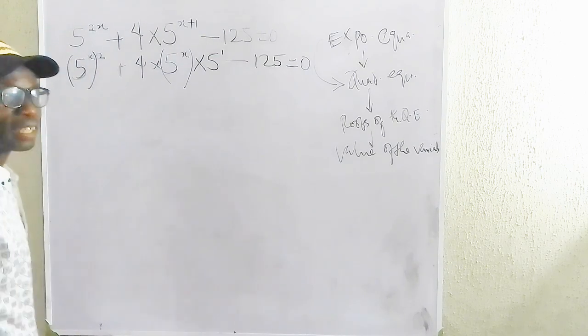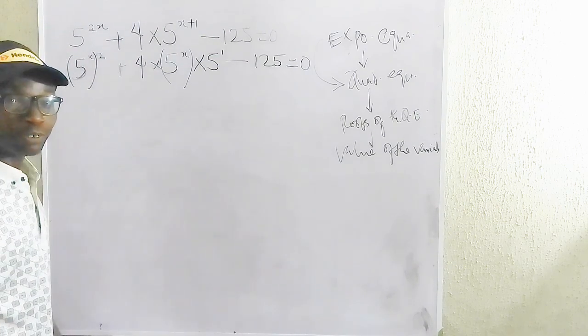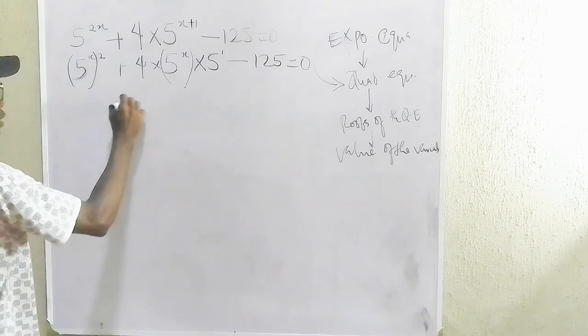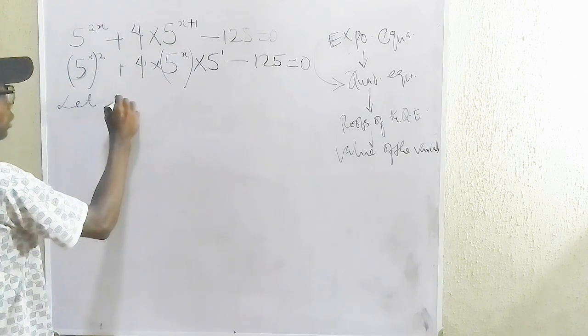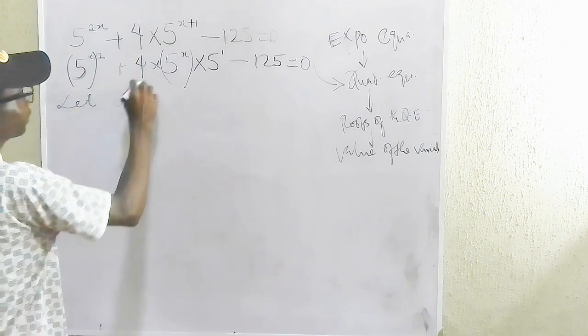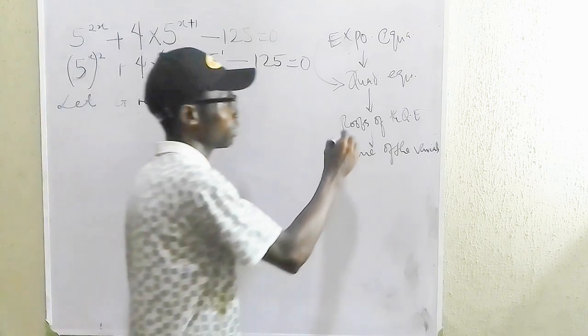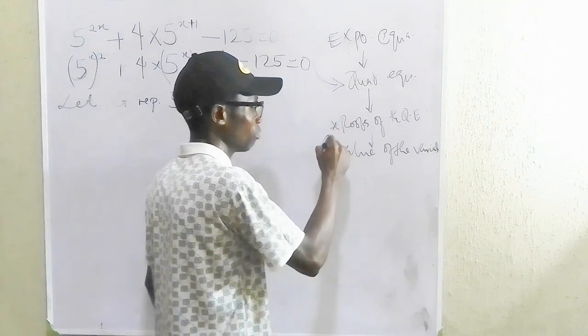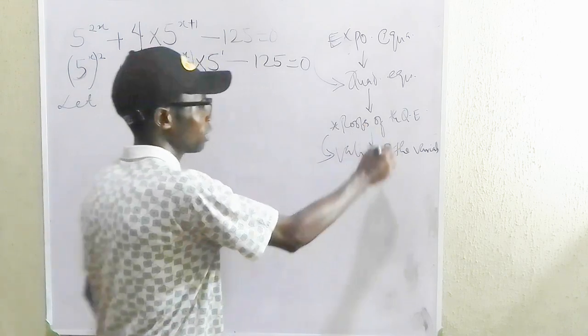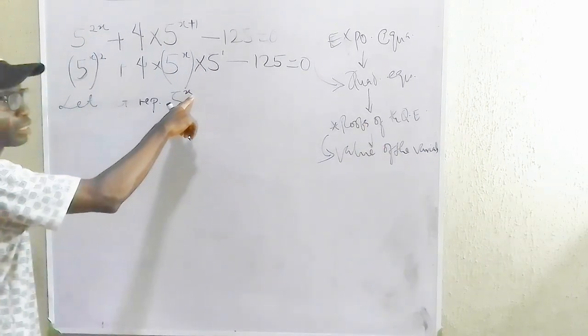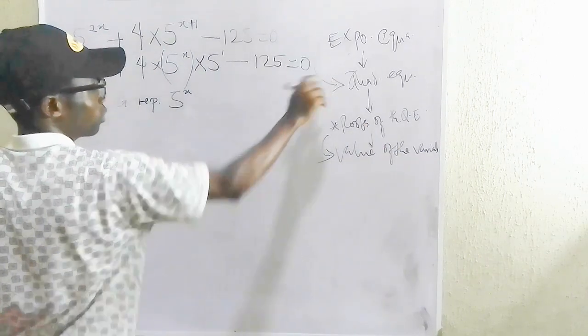Choose any one you like. Let's use G for green. We say let G represent 5 raised to the power of x. Eventually, when we get this, we'll return the value of G, and then we'll get the actual value of x that we started with. But here we're working from here to here for now.